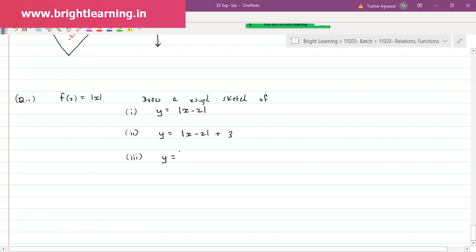try thinking how the graph of, let's say, minus modulus of x minus 2 will look like. That is okay. So how the graph of minus modulus of x minus 2 plus 5 will look like.